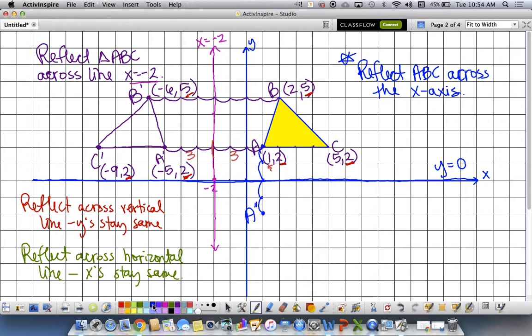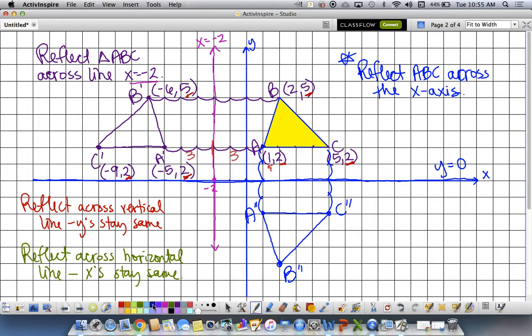So C, we're going 2 units, that will be our C double prime. B, we are 2, 3, 4, 5 units away. So we're going to go 1, 2, 3, 4, 5 units down, and that will be our B double prime. And here's our triangle. What they will ask you for are coordinates.